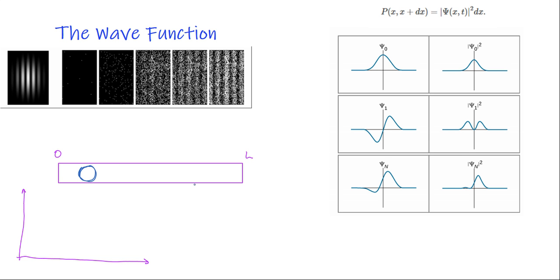What's the probability of it being anywhere along this length L? Well, if I make this my probability axis over here, my wave function axis, and this my position axis, what I could say is that for the probability of the ball being at any specific location, x, along this PVC pipe, we know a couple things for sure.